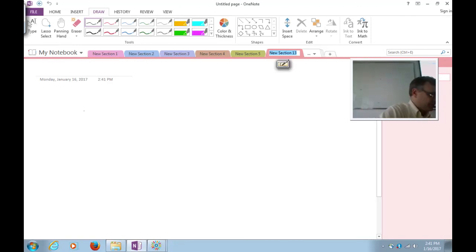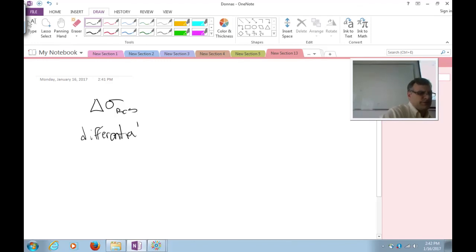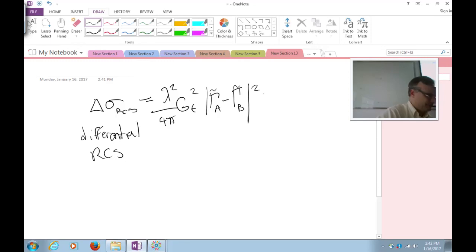And so for that reason, people will also define something called differential RCS, differential radar cross-section, which is lambda squared over 4 pi, G sub t squared, times gamma sub A minus gamma sub B, squared. Or modulatable RCS, differential RCS.